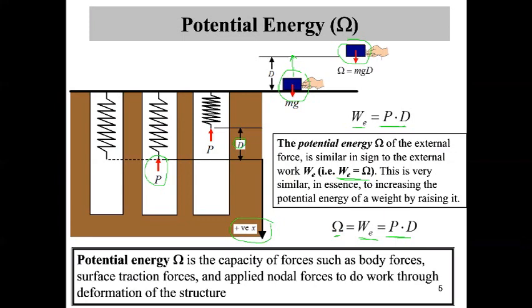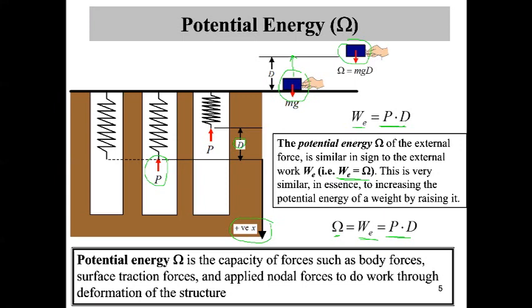The potential energy omega is the capacity of forces such as body forces, surface traction forces, and applied nodal forces to do work through deformation of the structure. How do we know if omega is positive or negative?